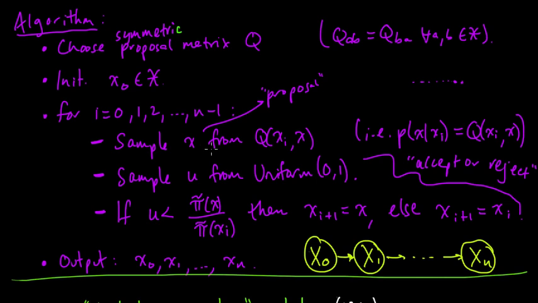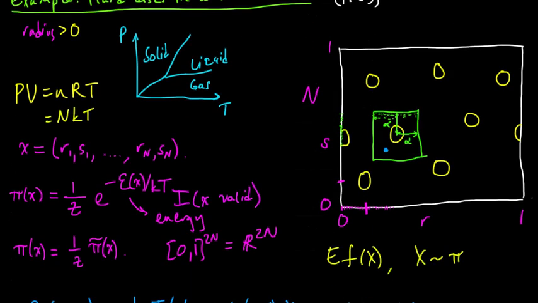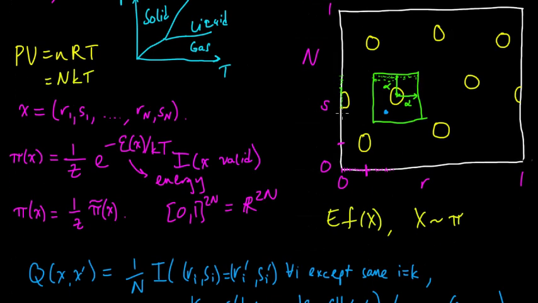So for each step in the iteration, we sample from our proposal distribution. We sample, and that's just using that process that I just described. You randomly choose a particle, then uniformly choose a particle, and if we chose this one, then we uniformly choose a move within this 2 alpha by 2 alpha square, and maybe we chose this point.